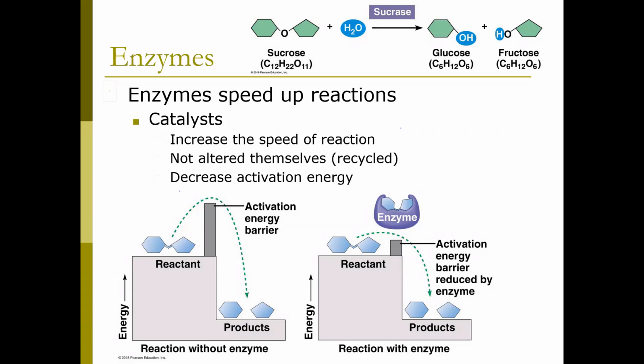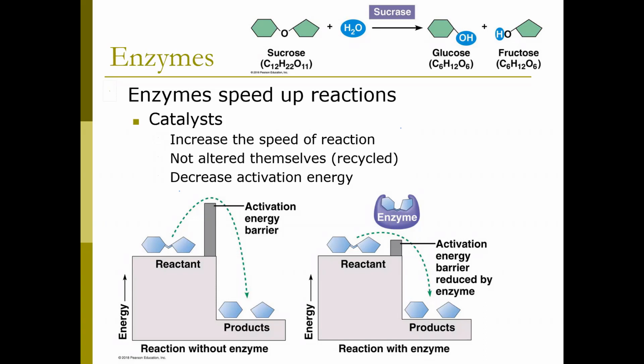It will eventually happen, but we've got to speed it up. For example, if you have a log in a fireplace, it's going to take a long time for that log to convert to something else. It'll happen. It'll just take a very long time.